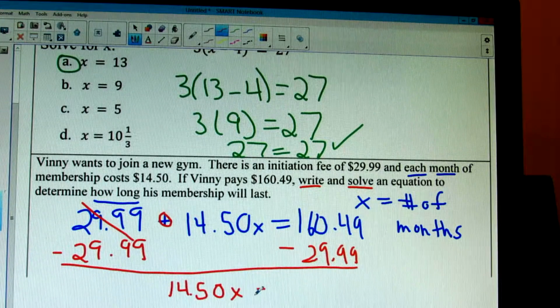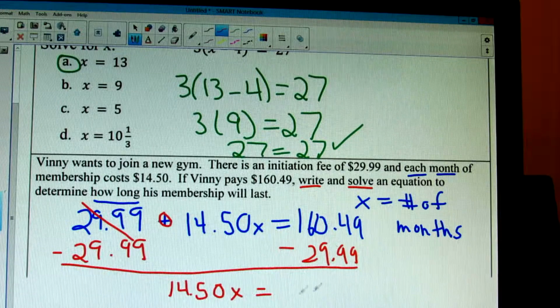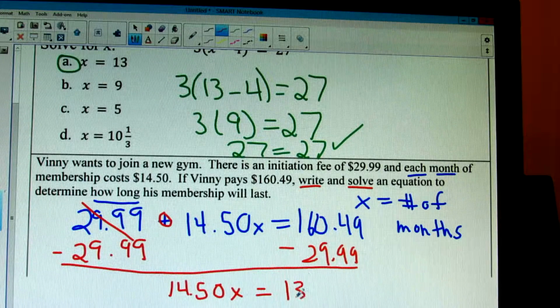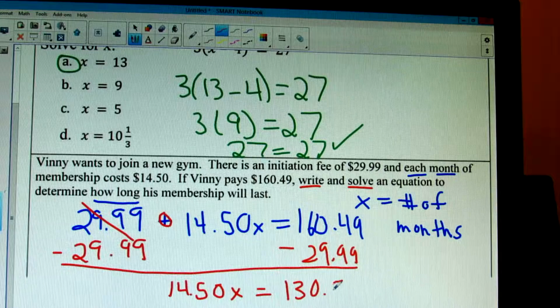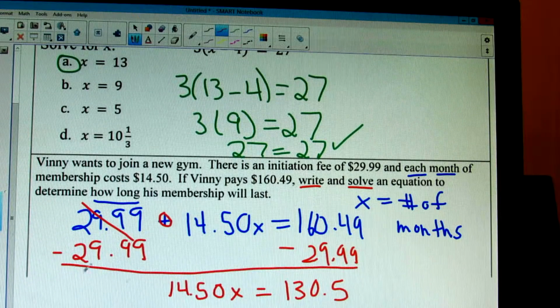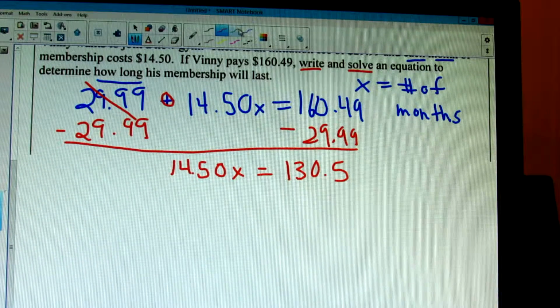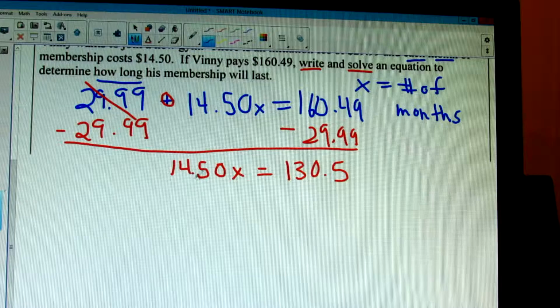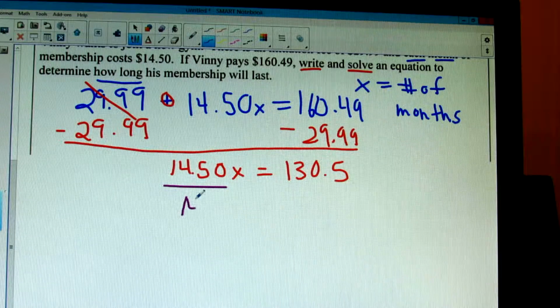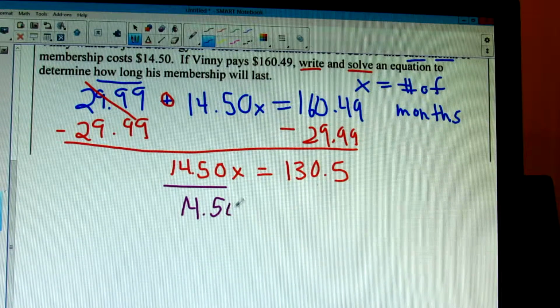do some fancy calculator work, 130.5. All right. And now, let's extend my page a little so you guys can see my work. And now I can do my division to get rid of this multiplying, dividing both sides by $14.50.